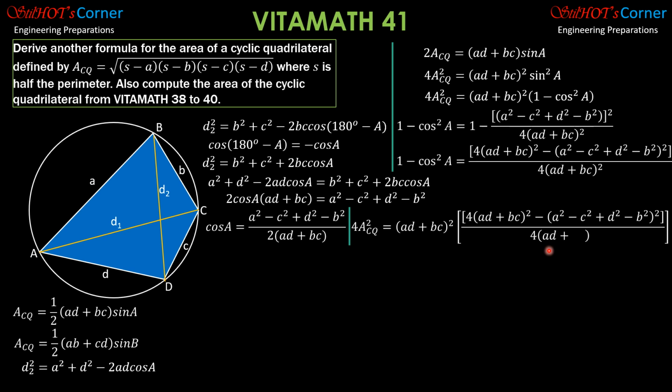Then we can cancel the factor AD plus BC quantity squared here.